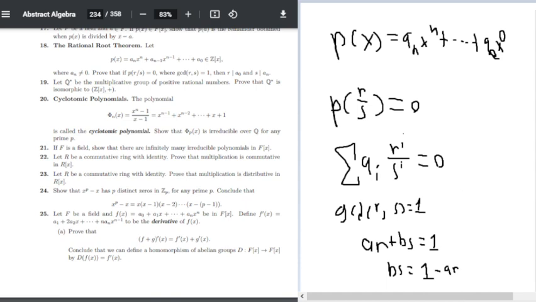So what we want to show is, let's think here. r divides the initial term, and s divides the ending term. So we want to show that r divides a naught. Let's think about what it would mean if r didn't divide that initial leading term. So r doesn't divide that initial leading term.